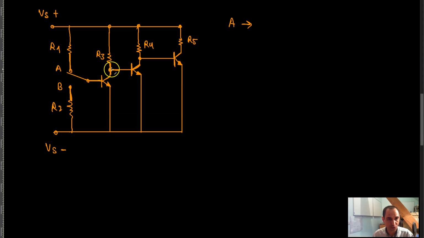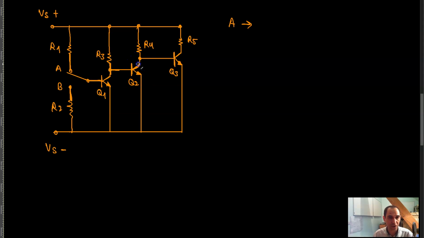As a result, since this transistor is turned on, there is no voltage here. The voltage over here is very close to 0, which means that this next transistor is turned off. We can call these Q1, Q2, and Q3 for the sake of simplicity. So since Q1 is turned on, Q2 is turned off.